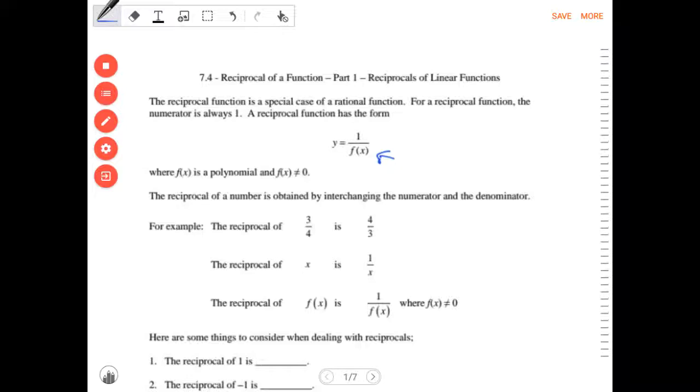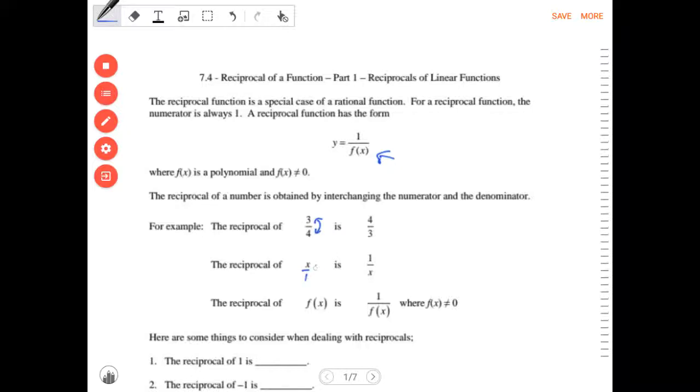You'll recall that the reciprocal of a number is simply obtained by interchanging the numerator and denominator. They just flip. So the 3 goes down to the bottom, and the 4 goes up to the top. If you have just a single variable, x, or even a single number, it's not a big deal, because we can write x as a fraction, x over 1.